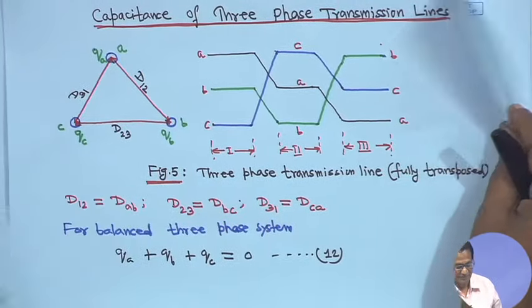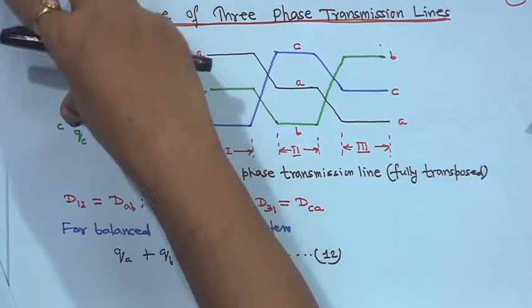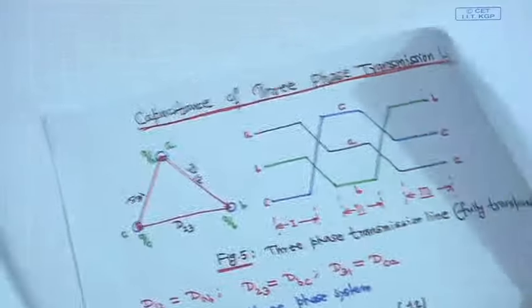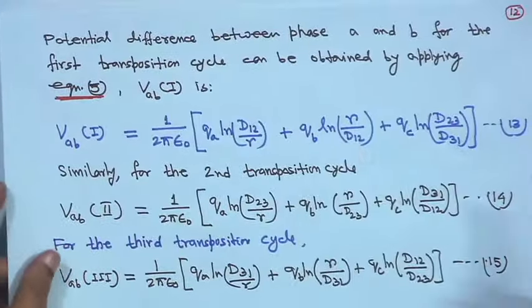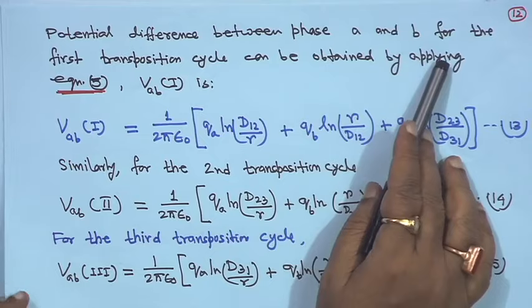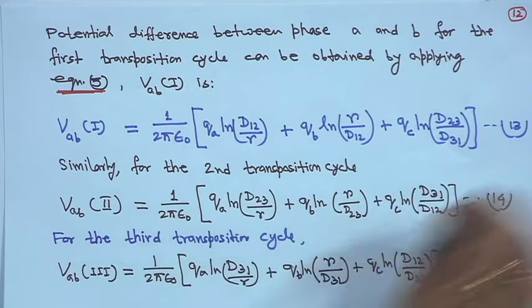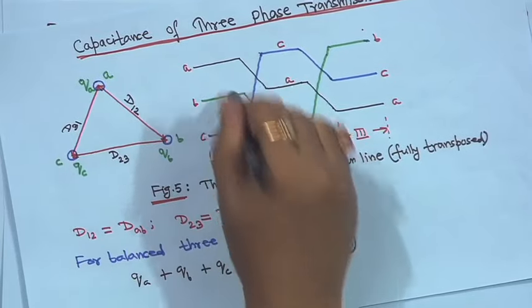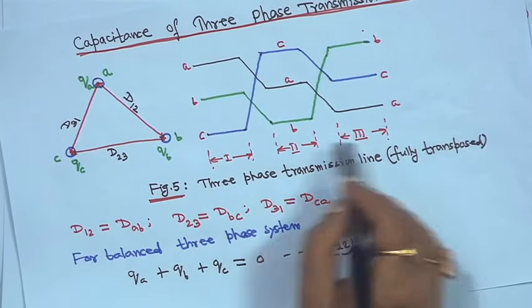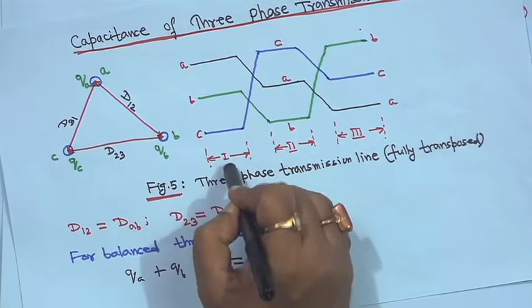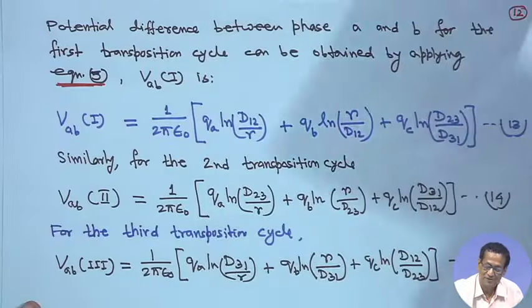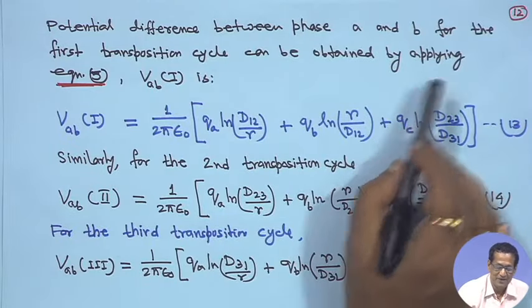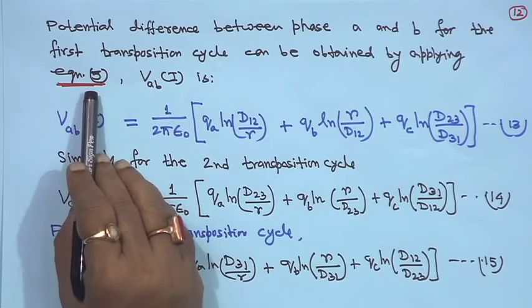Next we will apply the same formula. The potential difference between phase A and B for the first transposition, that is section 1, section 2, section 3, we first see the first one. That can be obtained by applying equation 5, the same generalized equation again.